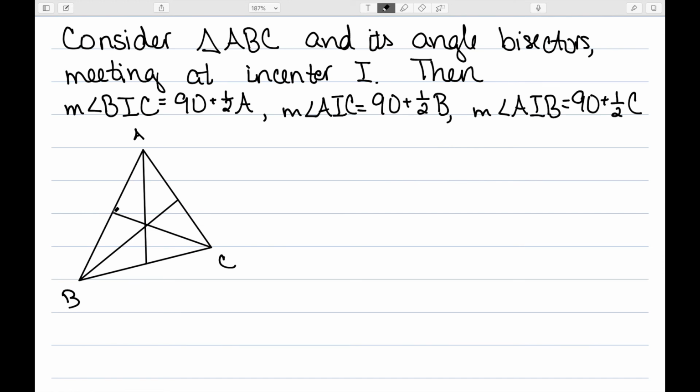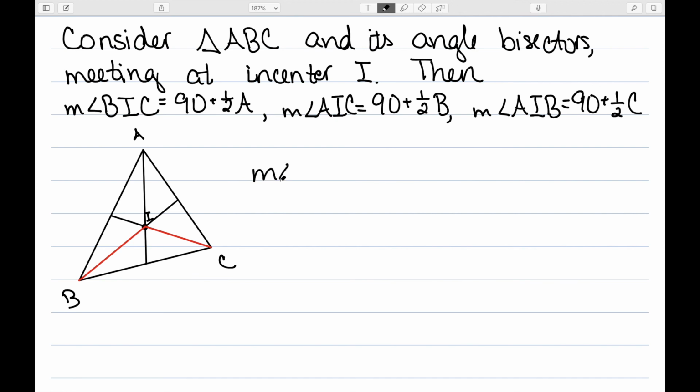And where they intersect right here is point I. So here's my point I. I'm claiming that angle BIC, so this angle here, is 90 degrees plus 1/2 A. And then we have extensions for the other two of these as well. So I'm going to prove this first one, and then the other two follow very similarly.